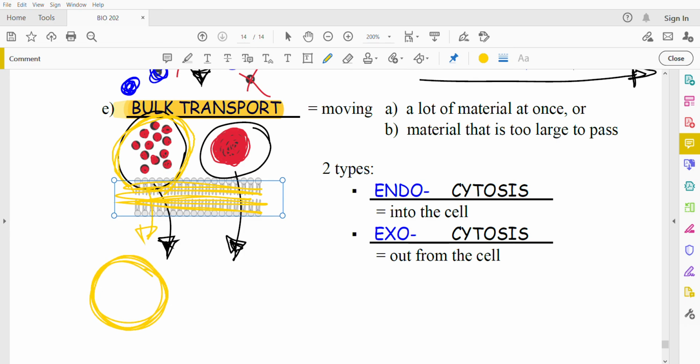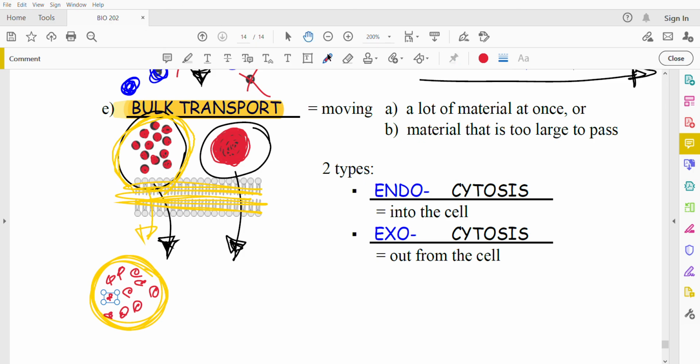And once it's on the other side, that vesicle can then open up and we can release these substances there. So that's a quicker way to transport large amounts of materials.